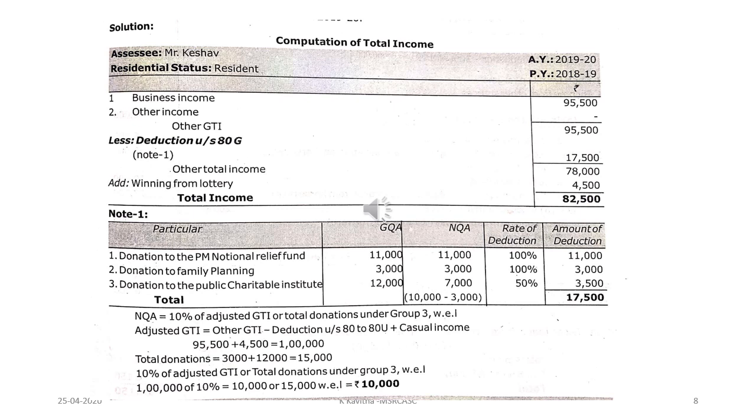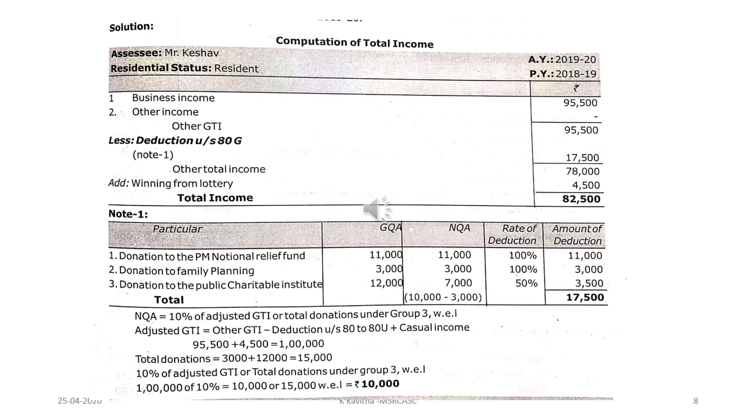How much is balancing? 7,000 is left. So this 7,000 will be shown under net qualifying amount column. Out of this 7,000, 50% only is eligible. So 50% of 7,000 is 3,500. Look at the last column, amount of deduction.